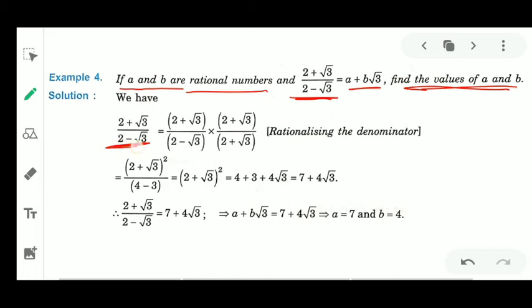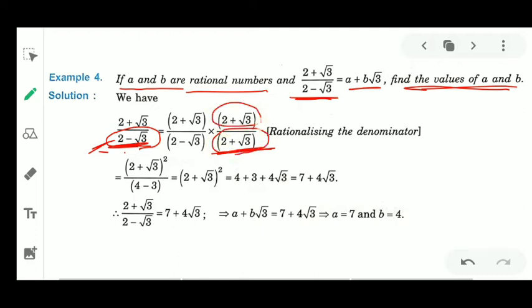The next step is to rationalize the denominator. The conjugate of 2 minus root 3 is 2 plus root 3, because it is in the form of a minus b. So the conjugate is a plus b, and multiply both numerator and denominator by 2 plus root 3.